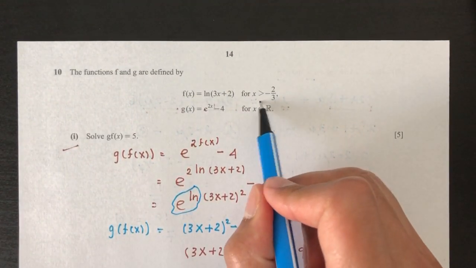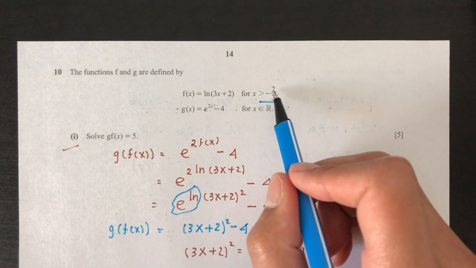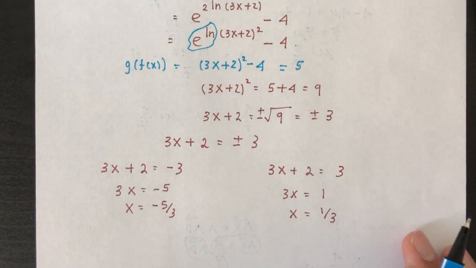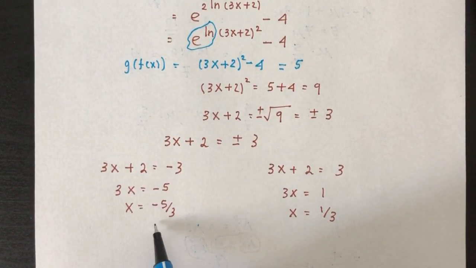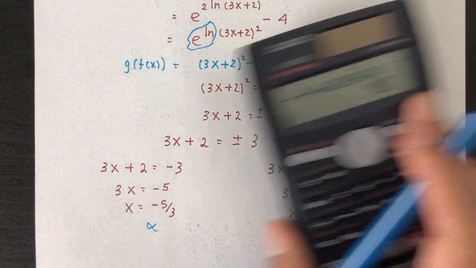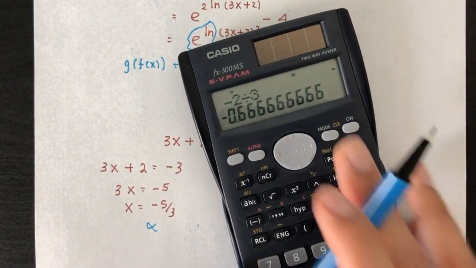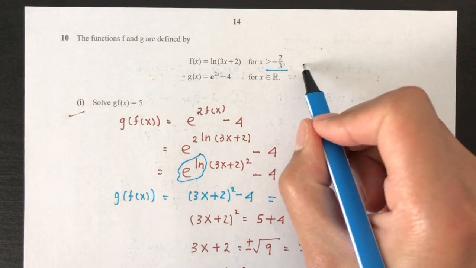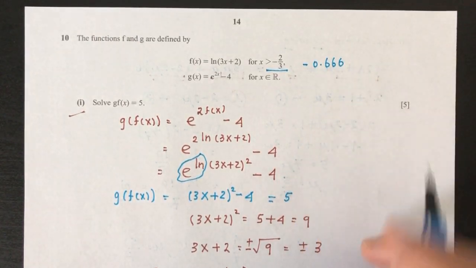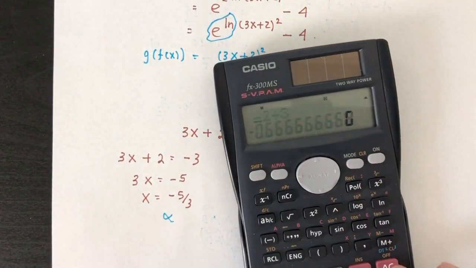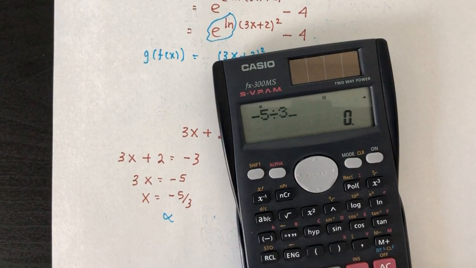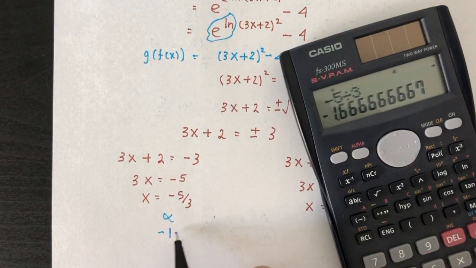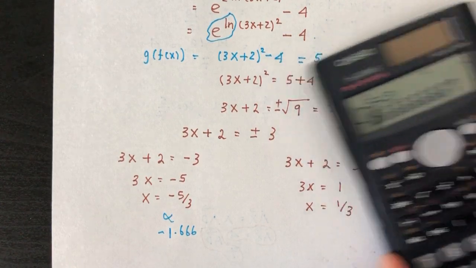Now we have to choose. Here we have a domain. x needs to be more than minus 2 over 3. So this will not be a possible value. Let's check: minus 2 over 3 is minus 0.666, and minus 5 over 3 is minus 1.666.